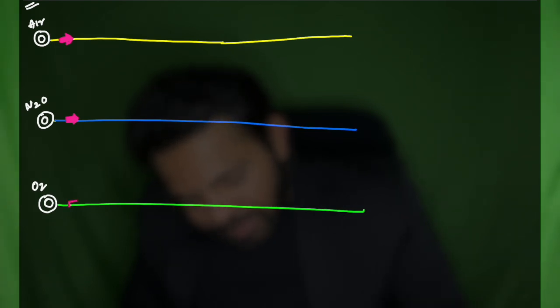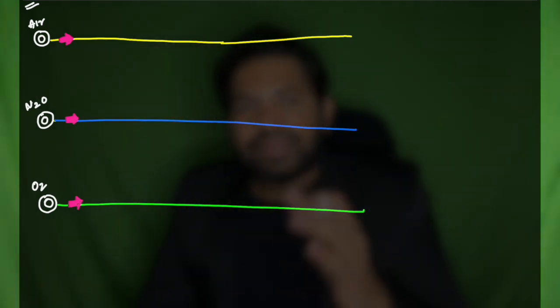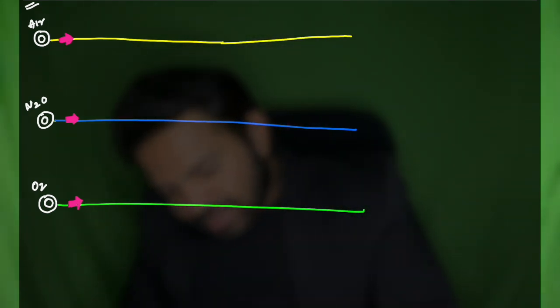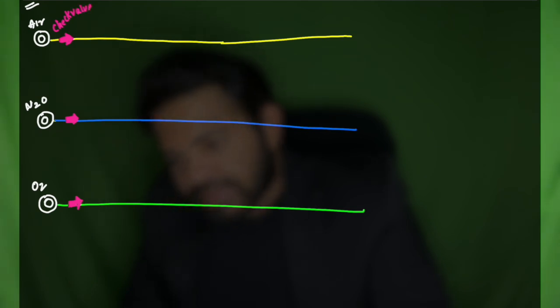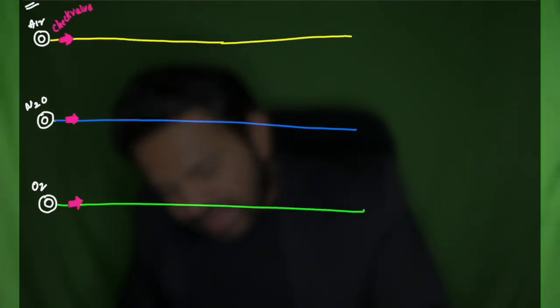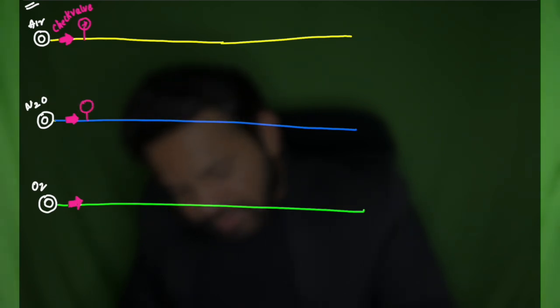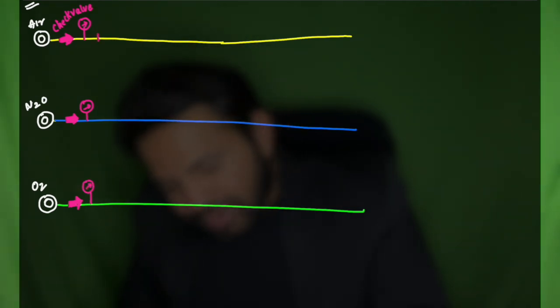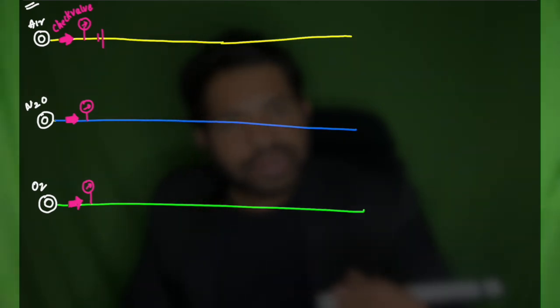This check valve will prevent the backflow of the gases, and it will make sure that the gases are flowing unidirectionally only from the cylinder to the anesthesia machine. Simple. Then there is a pressure gauge for all the gases. Understood?